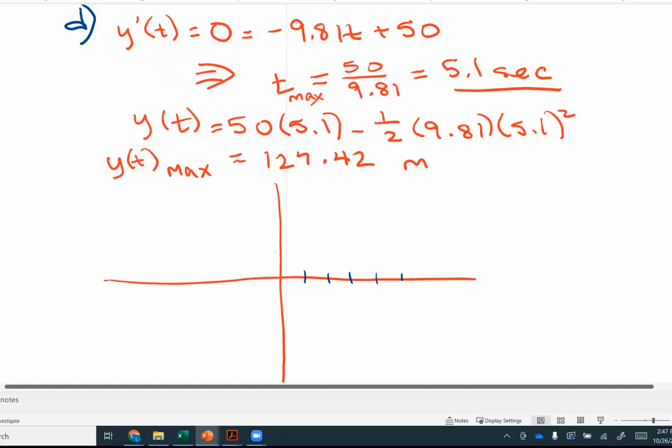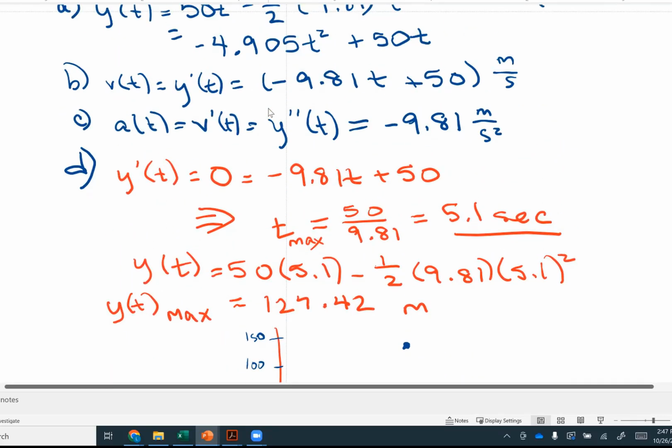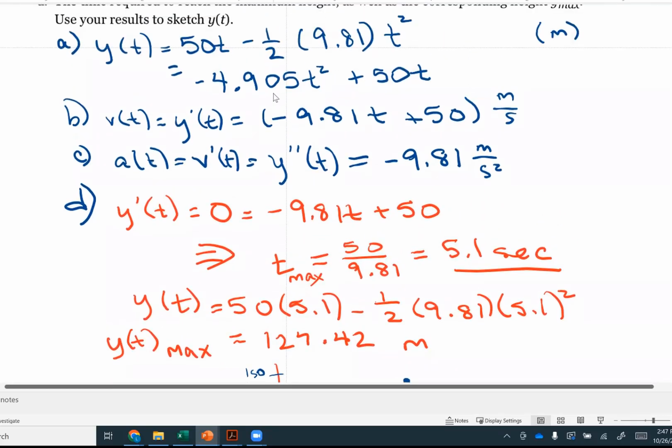So I can just make like 50, 100, 150, and 1, 2, 3, 4, 5. I'm going to need some more spaces here. 6, 7, 8. I know that at 5.1 seconds, I'm at my maximum, which is 127. So I'm going to say that's my max. That just tells me the vertex. I really need to graph it somewhat properly.